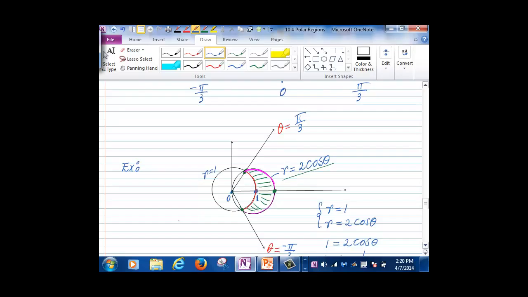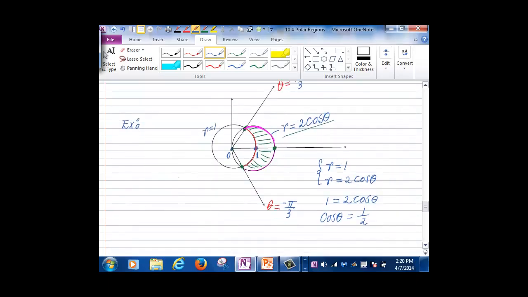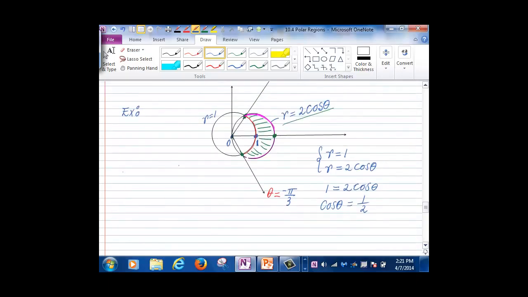All right, so now we know what r is. Now what would be the area? What integral? The integral will go from negative pi over 3 to positive pi over 3, and then it'll be half. What should I be writing here? 2 cosine theta first, and then the inner radius is 1.